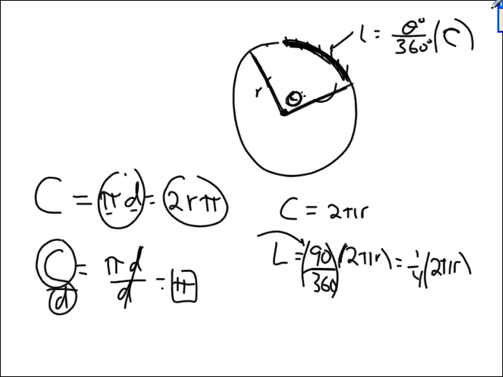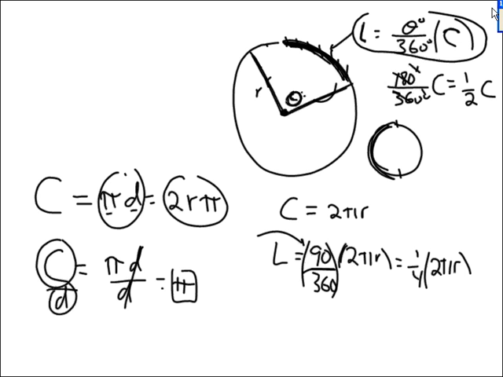If theta is 180 degrees, that's half the circle. That would be from here to there, halfway around, and this is exactly right. The degrees cancel out. 180 over 360 is half of C. So basically, this is our formula.